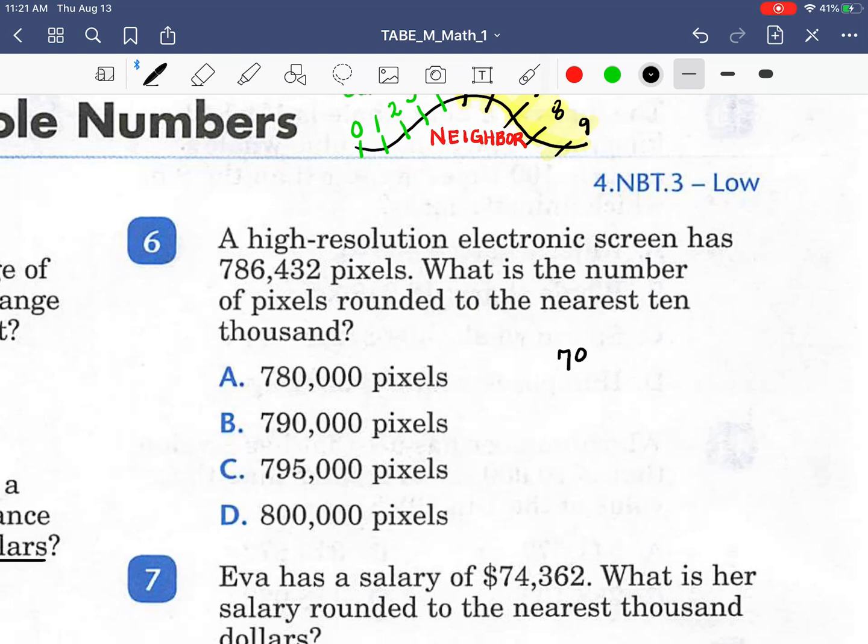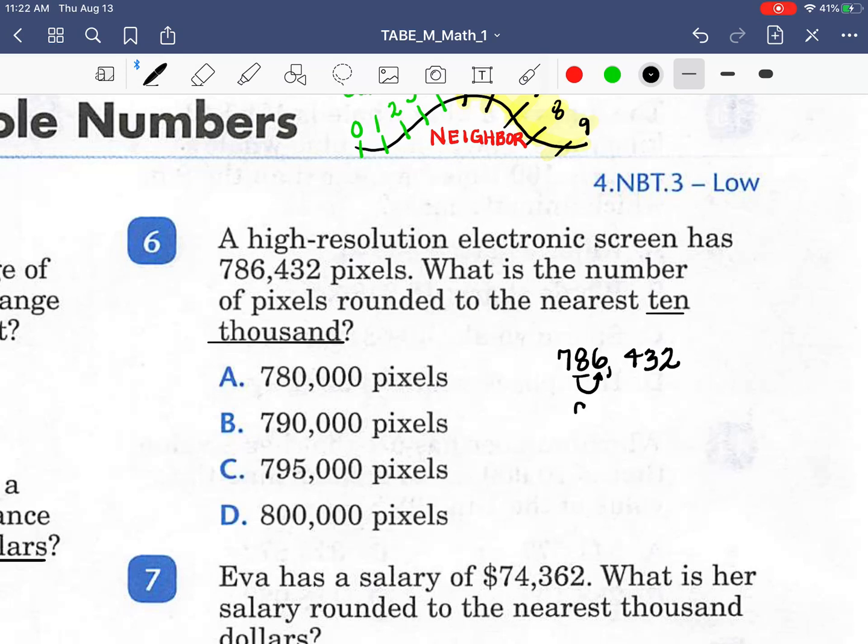So you take that number that you're given. 10,000 is your point of reference, and that's the 8. So the 6 is the neighbor, and the 6 says to round up.